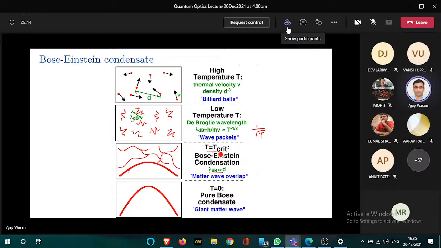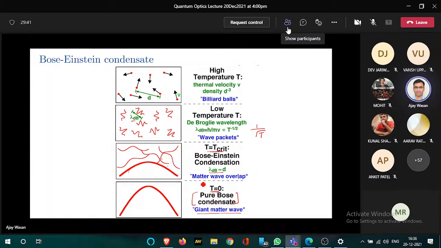We get this at some critical temperature, Tc, and when temperature is T equal to 0, at that time we get the pure BEC. At that time we say giant matter waves. So the matter waves are overlapping and form giant matter waves. But BEC starts at some critical temperature. What I'm saying is there is no need to go to T equal to 0; it starts coming just before it.